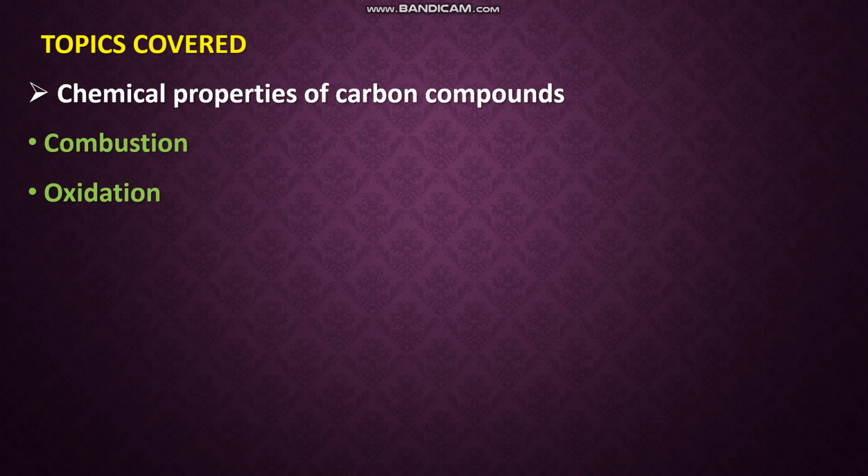In combustion, saturated compounds undergo complete combustion and a clean flame is produced. Unsaturated carbon compounds undergo incomplete combustion and a yellow sooty flame is produced. Saturated carbon compounds also undergo incomplete combustion with a yellow sooty flame if sufficient oxygen is not available.